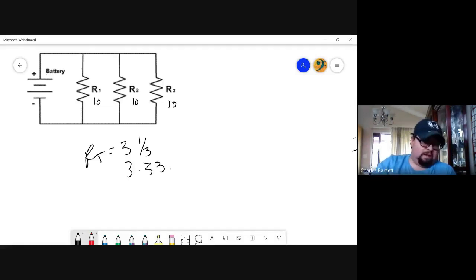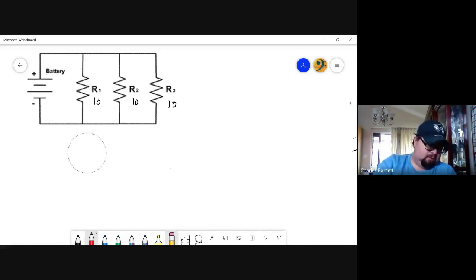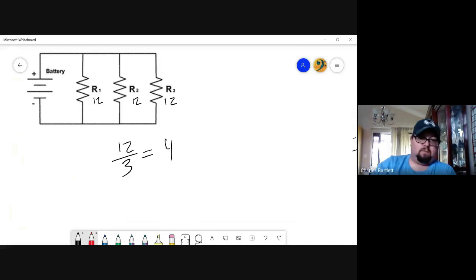Okay, how about we get one that's a nice number that's divisible by 3, because that may help us understand just a little bit better. So 12, 12, and 12. If we have 12 on each resistor and we have 3 resistors, it's just as simple as taking 12 and dividing by the number of resistors, and the number is 4. Okay, so that's one way you can do it in your head.